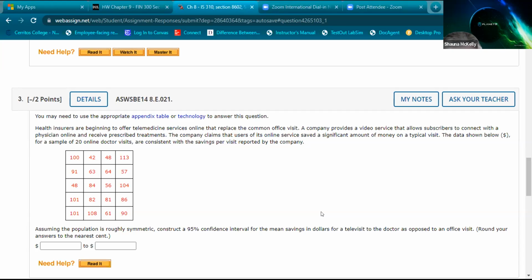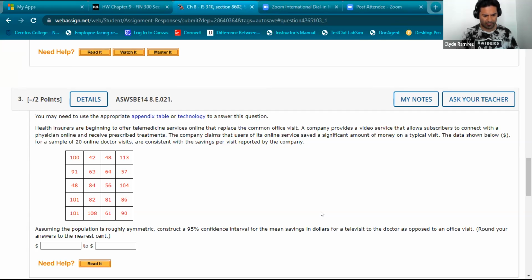This one follows the Blumen rules because n is smaller than 30, it's only 20, so you'd use a T interval here. Use data this time and specify the list that you put your data in.